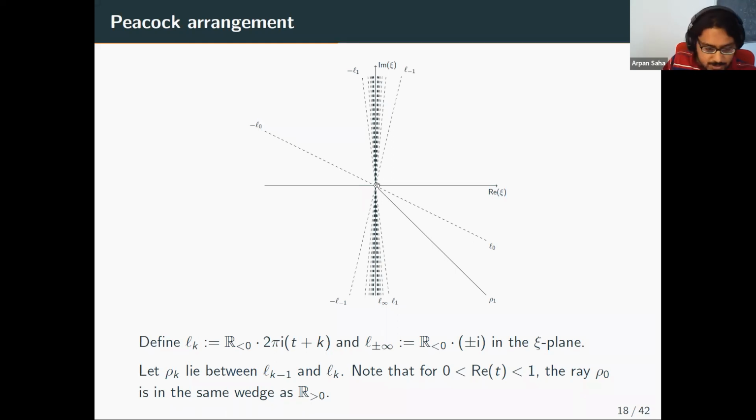So I choose the rays plus minus rho_k with k running over the integers such that rho_k lies in between l_{k-1} and l_k. So in particular, rho_0 may be taken to be the positive real axis if the real part of t lies in between 0 and 1. Right, so these are the rays along which I'm going to take the Borel resummation.